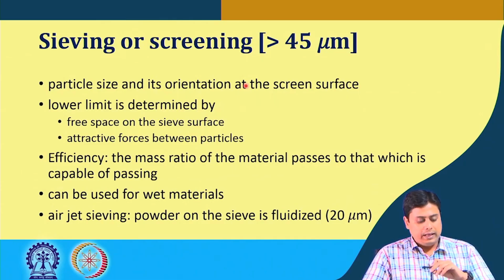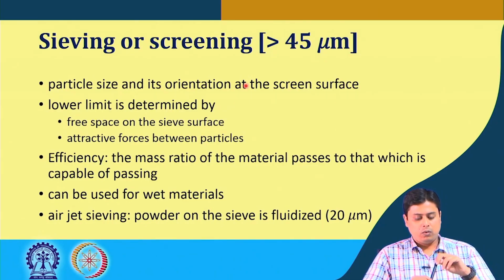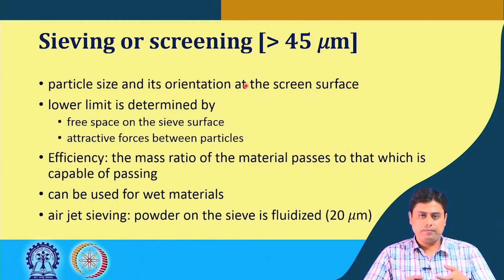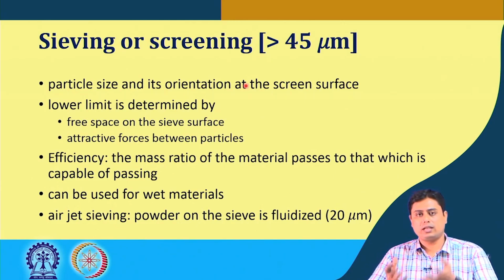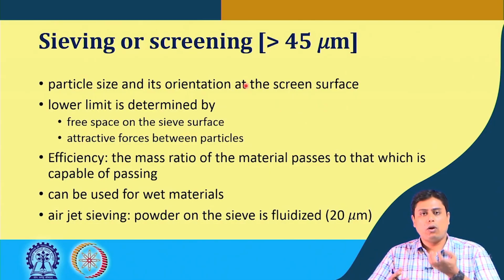Now, air jet sieving is one of the wet material screening methods, where the powder on the sieve is basically fluidized. So, the powder becomes suspended and it flows through the smaller aperture.